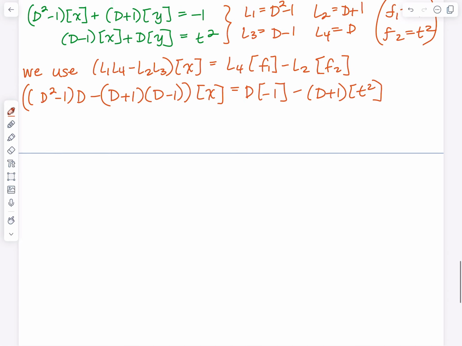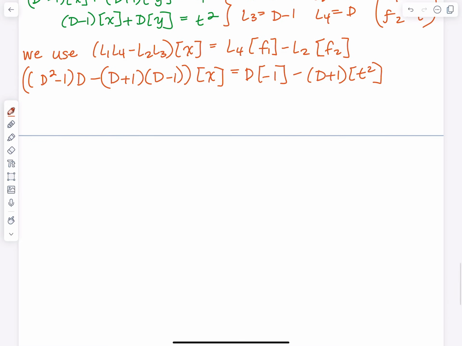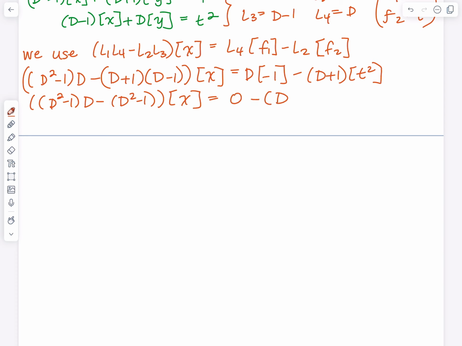Okay, we can go ahead and take a look at that. So as you can see here, we have (d squared minus 1)d minus (d squared minus 1) of x. And the derivative of -1 is 0 minus, and let's just go ahead and put this here right now, and then we'll take care of it on the next line.